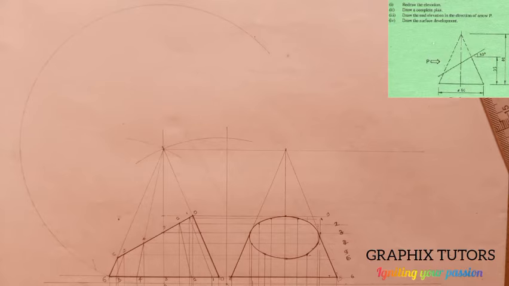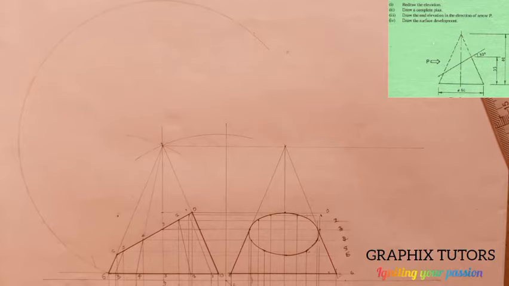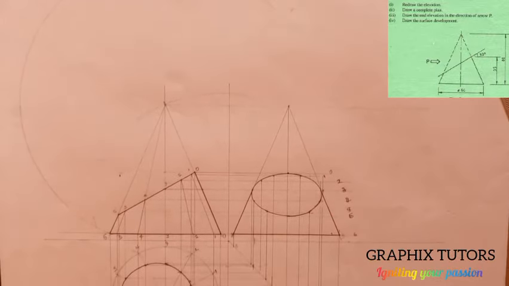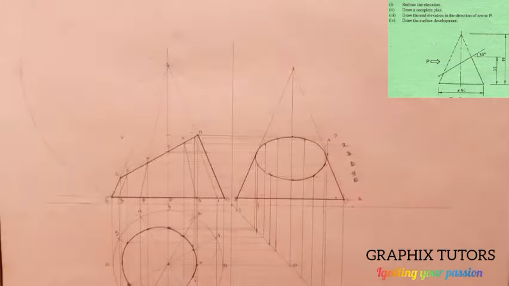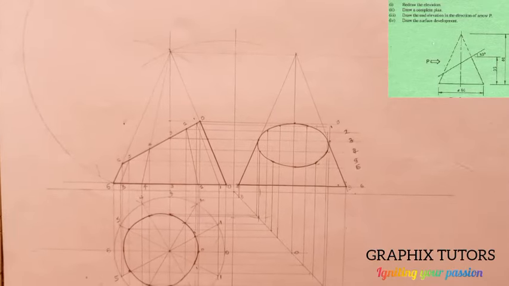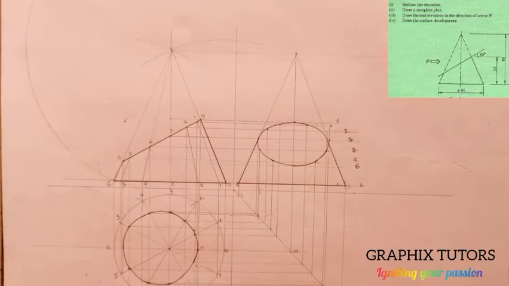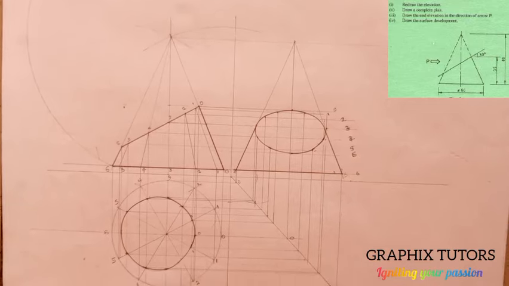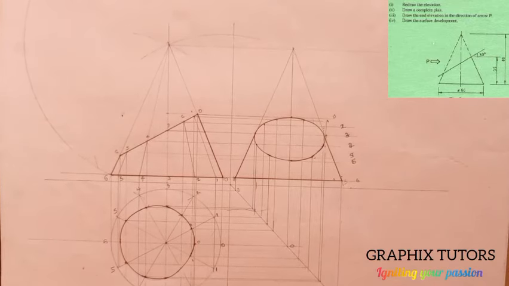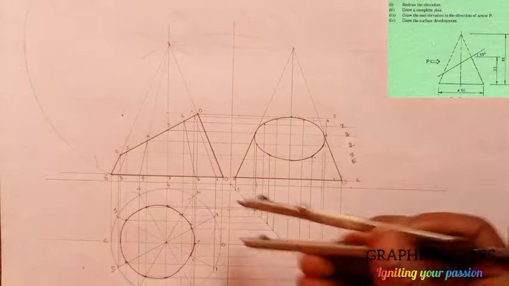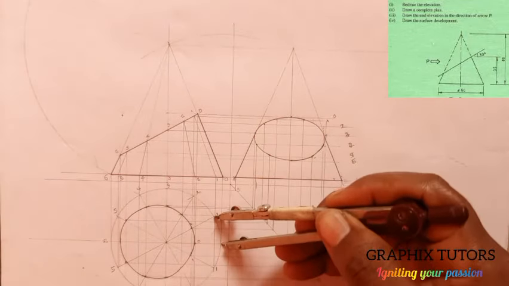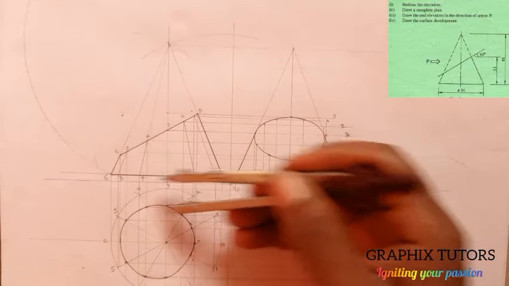So when I've done that, the next thing I'll do is I'll take the distance between the division of the triangle, this distance here, between this and this, right? So any of these two divisions.